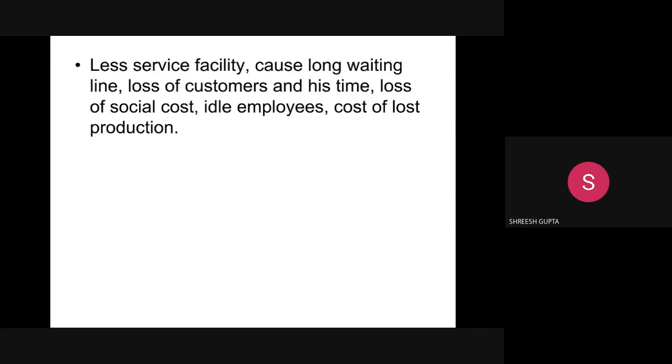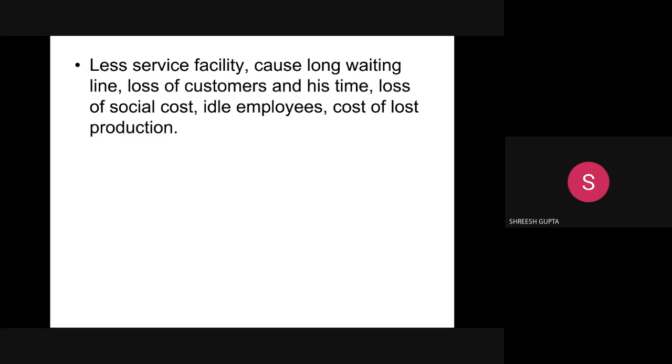When there is a loss of the customer, it means loss of revenue. If the customer is not coming to you, that is the loss of revenue. For example, if in one tapri you are not getting your tea or your samosa at the proper time, you change your tapri. That is the loss of the customer.